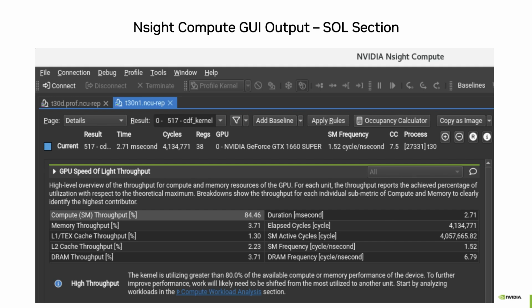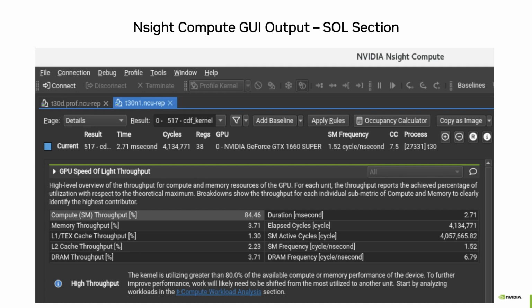If we are going to improve our kernel performance, we will probably have to address this by shifting some of that load. So this rule output has confirmed what we had already conjectured based on study of the individual metrics and measurements. Furthermore, the rule text is pointing us to a different report section that may have information useful for next steps.